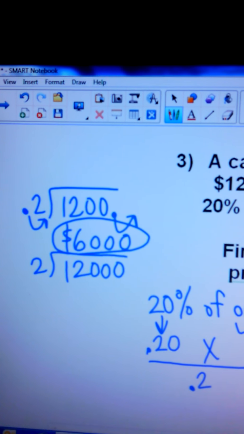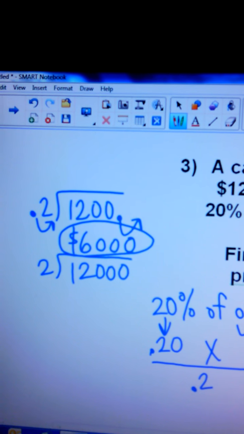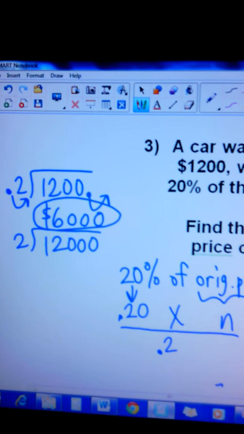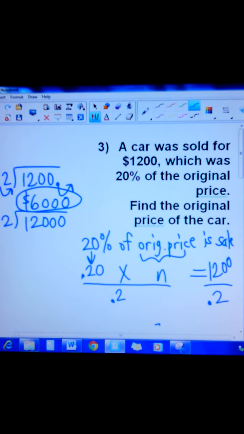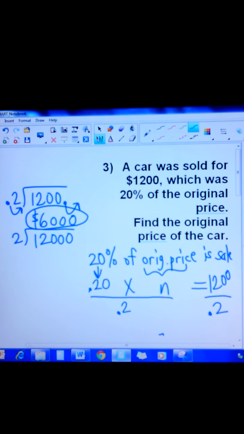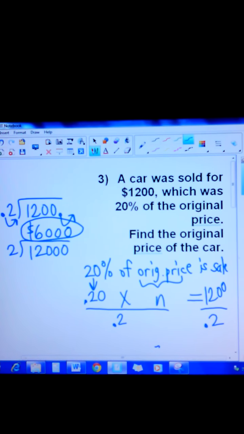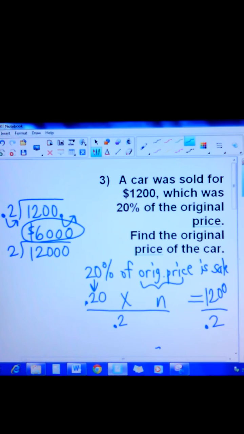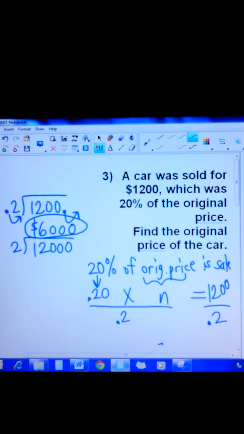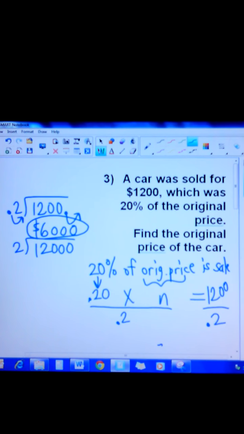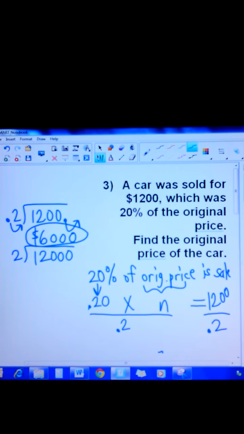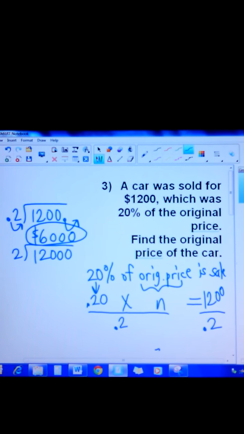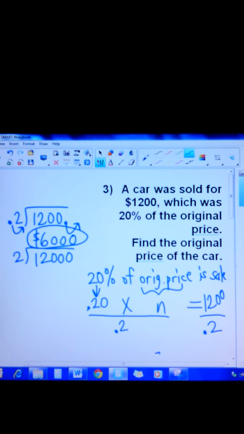Therefore, the original price of the car is $6,000 exactly. The original price should be, if you think about it, more than the sale price. So if it is not, check your setup and your work.